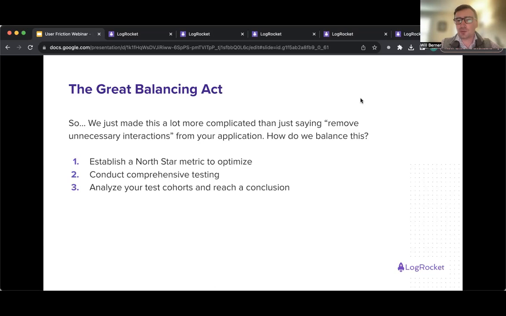Also, one quick thing to point out: typically we're responsible for metrics like retention or monetization as software PMs, but we should always be keeping in mind as well if our goal aligns with the user's goal. So once you've established that kind of mutually beneficial North Star metric, go ahead and conduct some testing. And then from there, it's pretty straightforward. Do some cohort analysis and reach a conclusion on whether your solution was net positive.